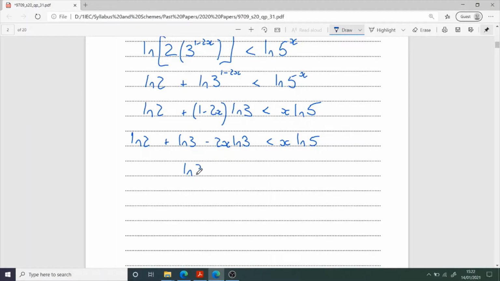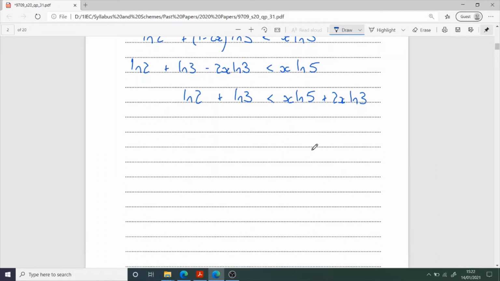So we get ln2 plus ln3 is less than x ln5 plus 2x ln3, and then we're going to factorise to get x by itself. Left hand side is still the same, ln2 plus ln3 is less than x ln5 plus 2 ln3, and then we are going to divide by that.